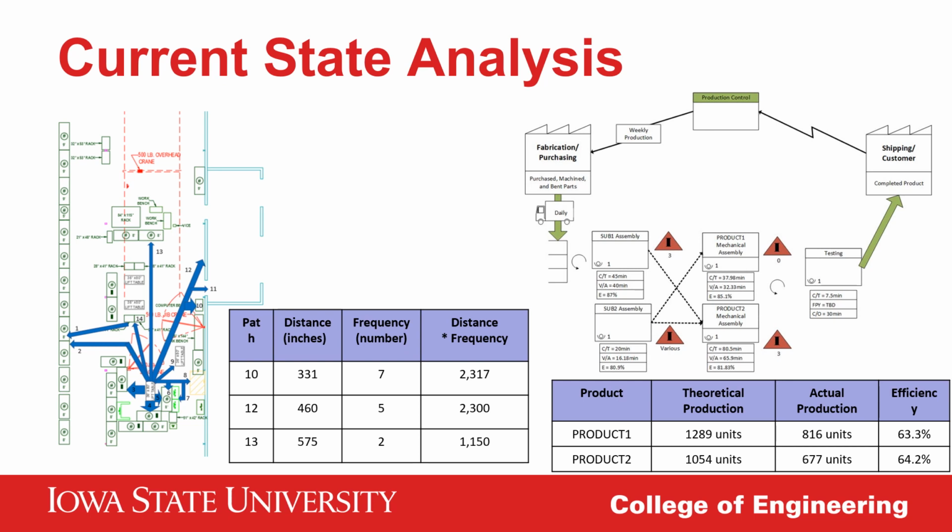As you can see, the efficiencies for those are about 63 and 64% depending on the product line. For the actual cycle times themselves, the efficiencies hover more around the 80 to 85% range. So there is definite room for improvement on both fronts, for both time and motion data.